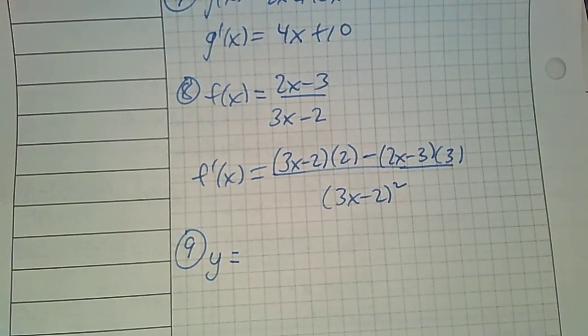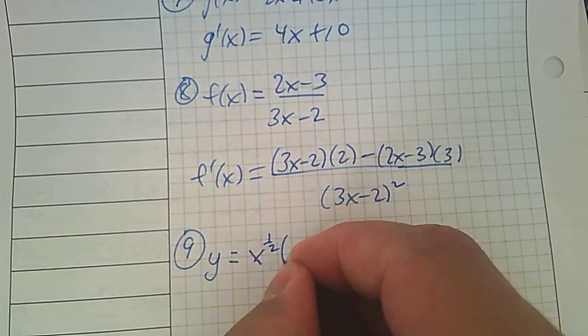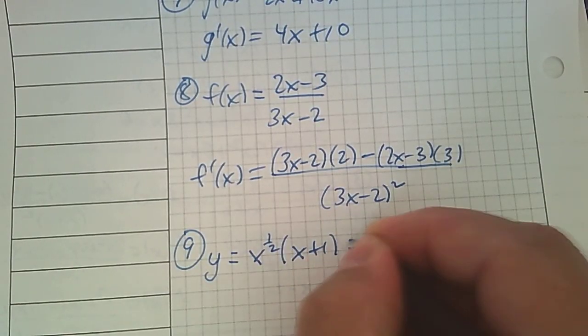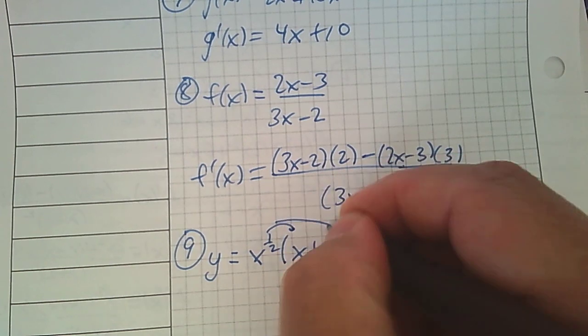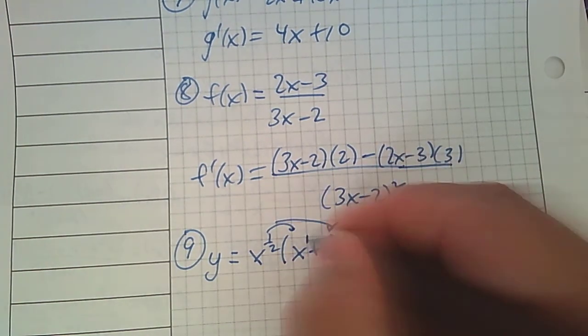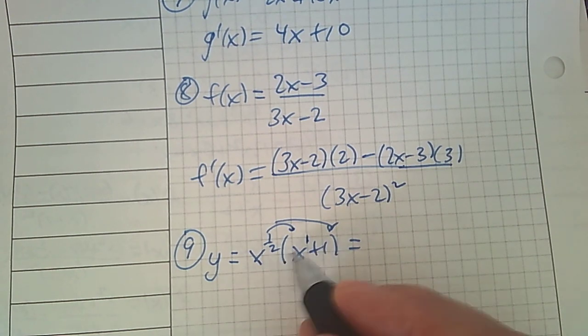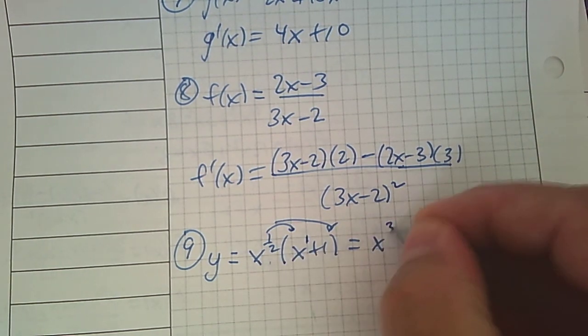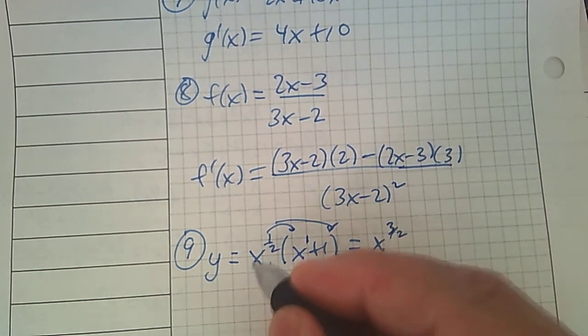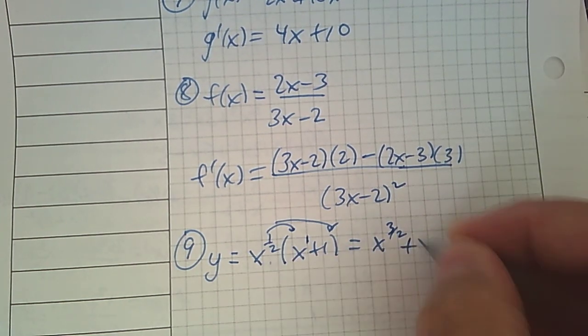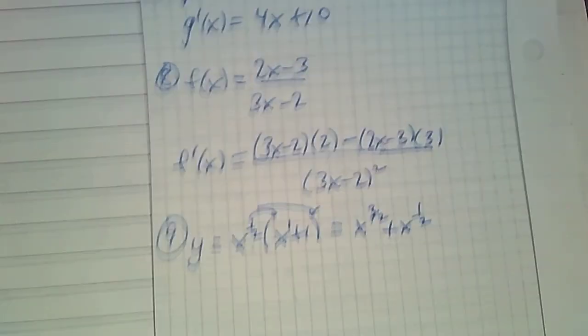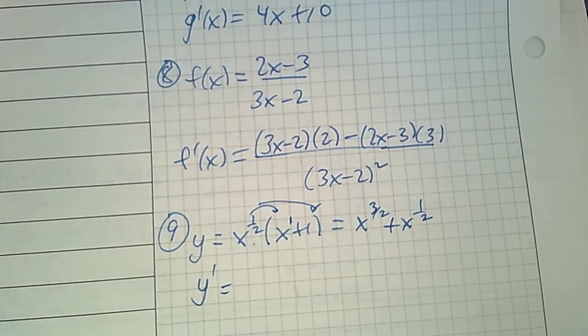Number 9. So for number 9, I see a way to simplify it easily. So the square root of x is x to the 1/2, and then we have x plus 1. So I can distribute first: x to the half times x to the 1, just add the exponents. So 1/2 plus 1 is 3 over 2, or 1.5. X to the half times 1 is just x to the half. So now I can just use the power rule, and I don't need to simplify.